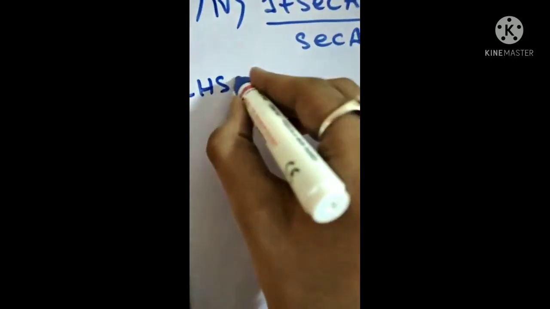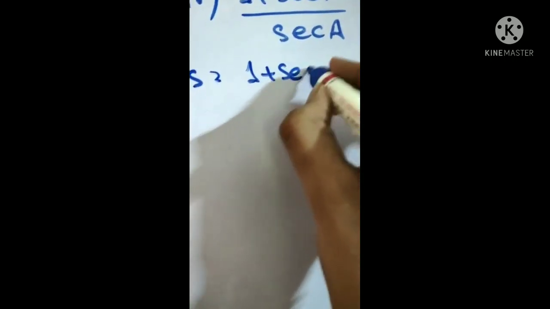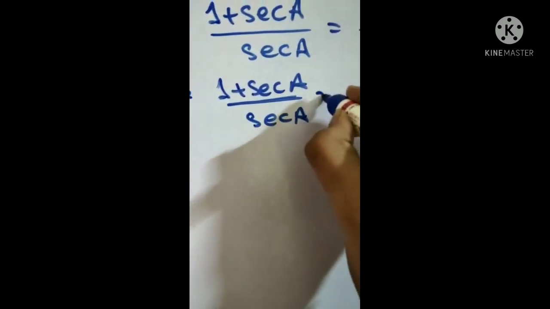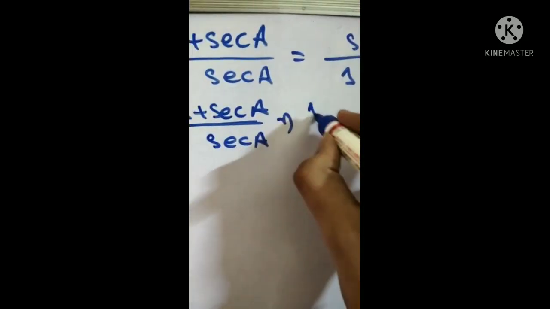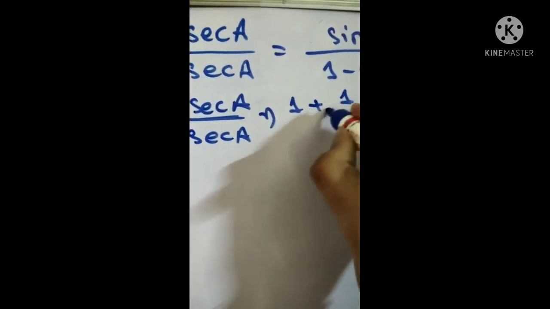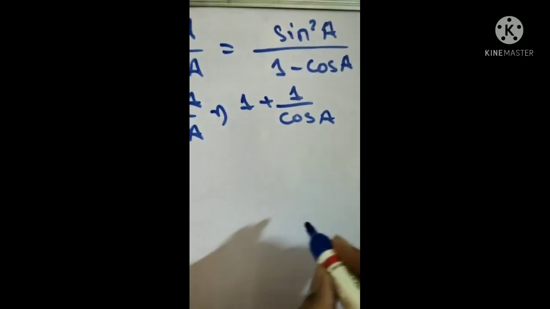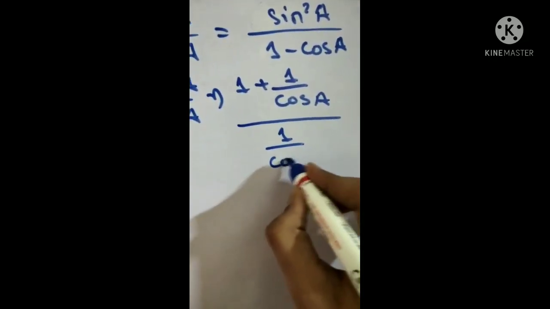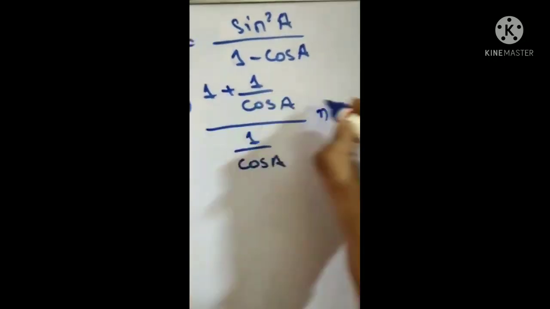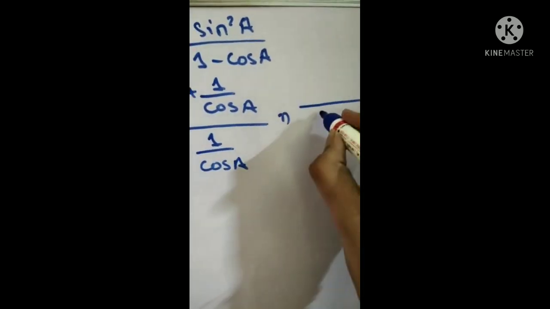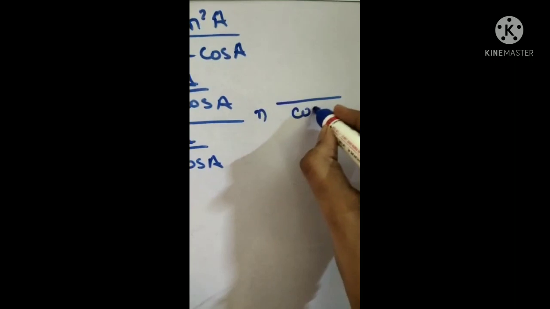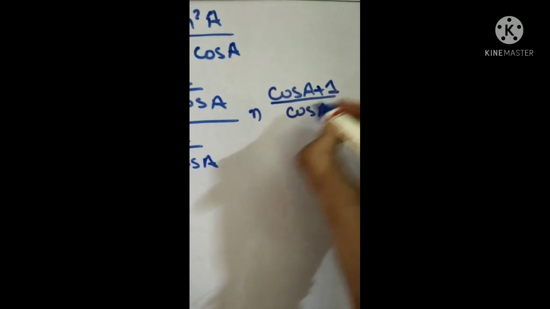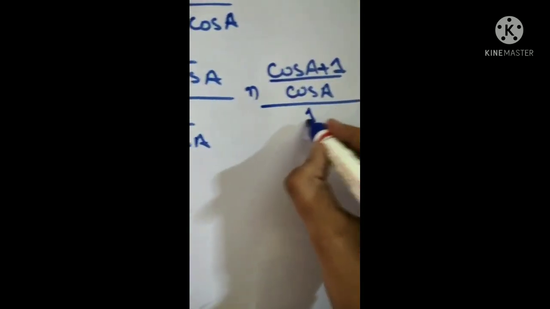So LHS is equal to 1 plus sec a by sec a. This means 1 plus sec a can be written as 1 plus 1 by cos a, divided by sec a, which can be written as 1 by cos a again. Now from here we will get cos a as a denominator, and here cos a plus 1, divided by 1 by cos a.